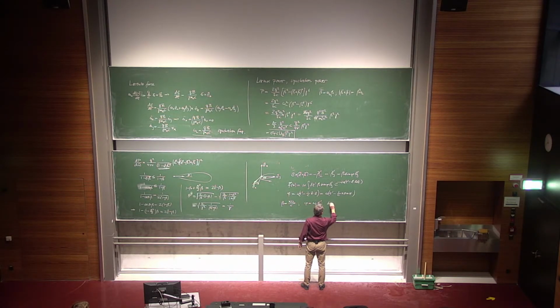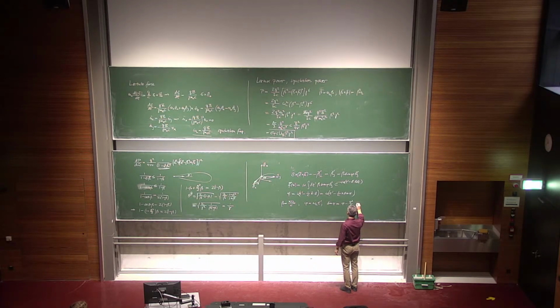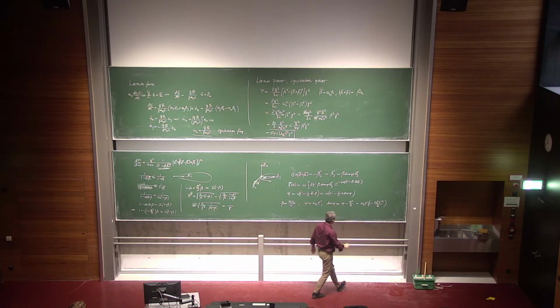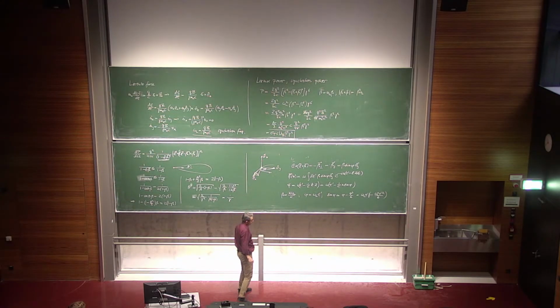So I can approximate sine phi, approximately phi minus phi cubed over 6. So this is omega L t prime times 1 minus omega L squared t prime squared divided by 6.